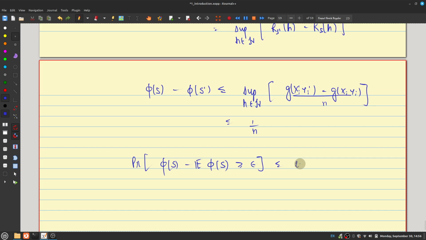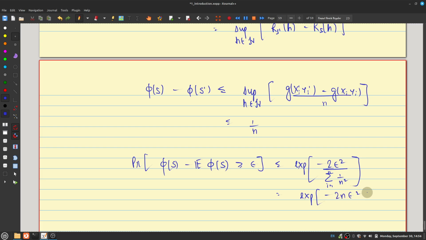This is less than or equal to e to the power minus 2 epsilon square divided by summation ci square. Each ci is just 1 over n, so this is 1 over n square. You're summing over n terms, so this whole term becomes just 1 by n. This is just e to the power minus 2n epsilon square.